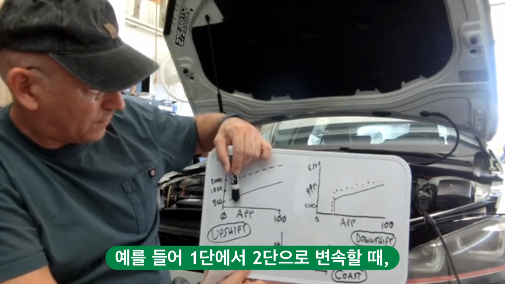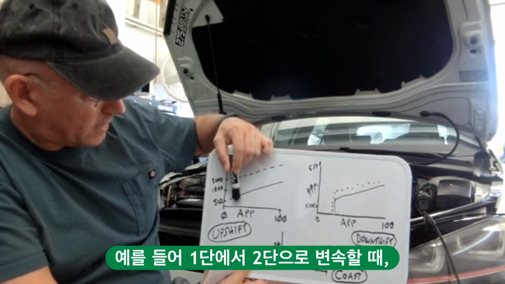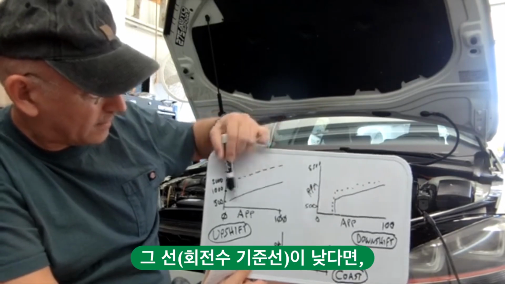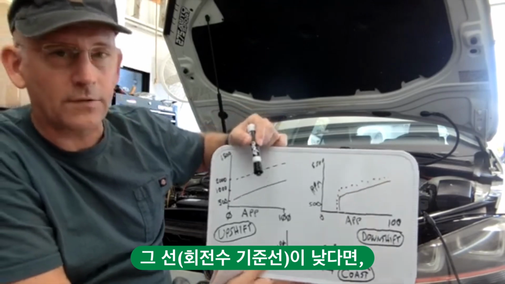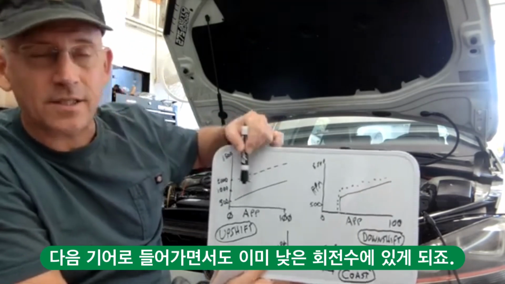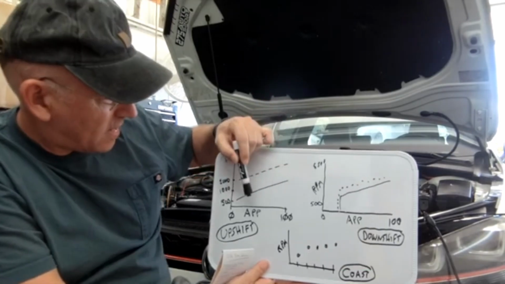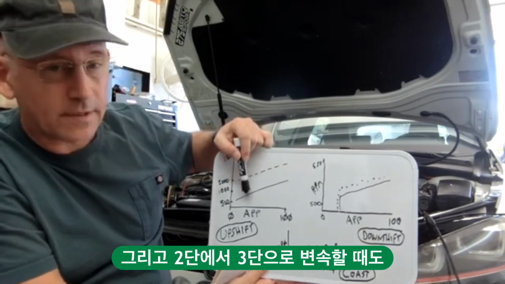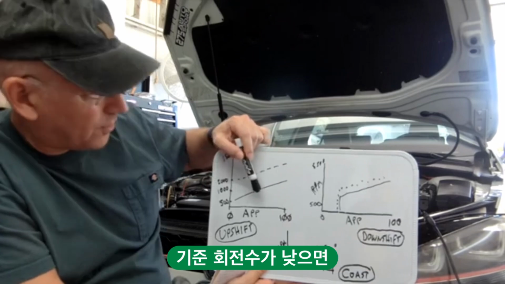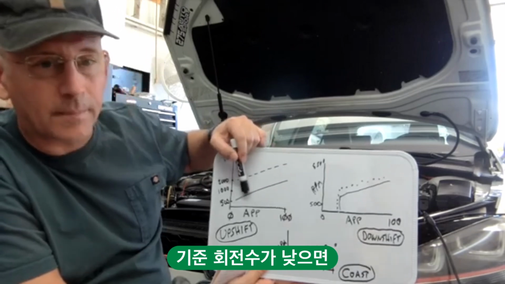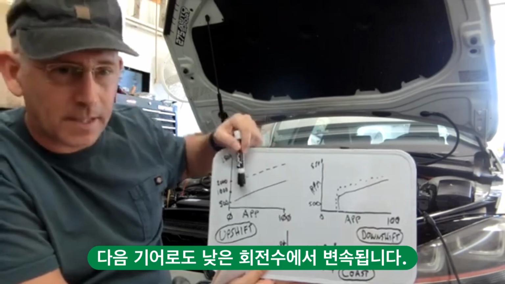So once you shift from 1st gear into 2nd, if this line is relatively low for all of those gears, when it gets into the next gear, which naturally is already at a lower engine speed, if this next line for the 2nd to 3rd gear shift is also at a fairly low RPM, it's going to then shift up to the next gear.